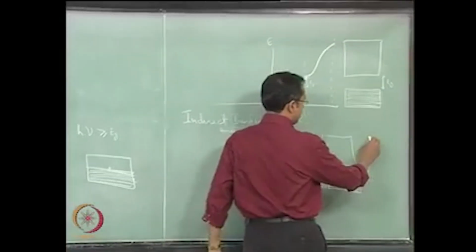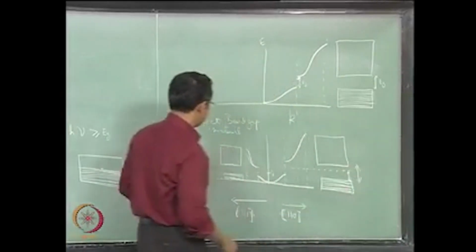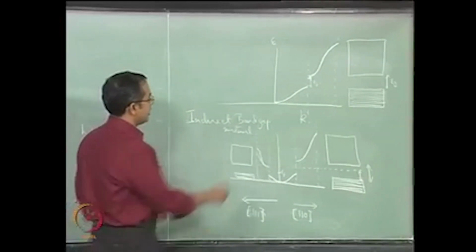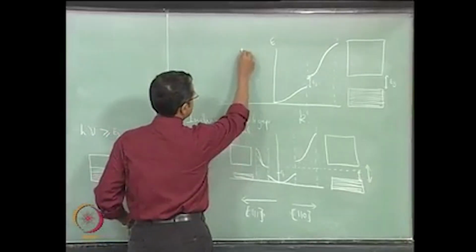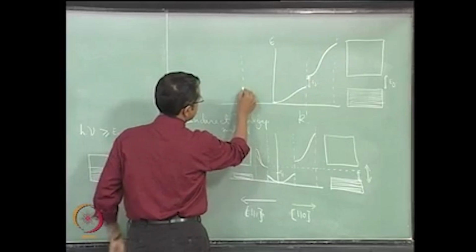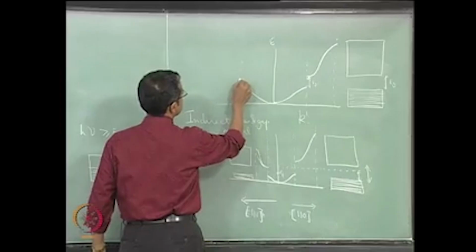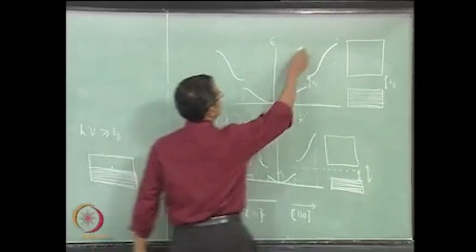So that would be a direct band gap semiconductor, okay. So from here to here if you go, that is a direct band gap semiconductor. The way we have drawn it here is an indirect band gap semiconductor. I will just, for clarity's sake, add that here, so that we can see this is a direct band gap semiconductor.